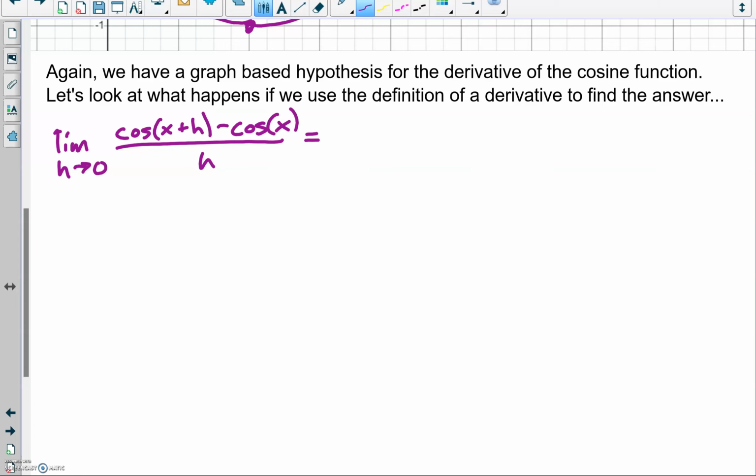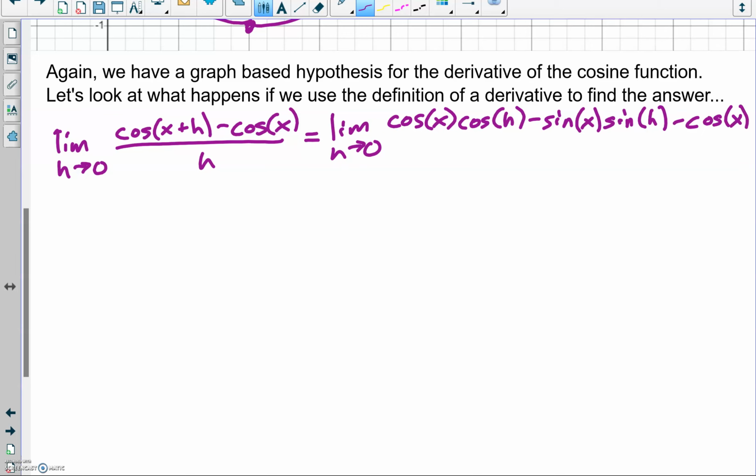And I'm also going to use the sum formula for the cosine, using that identity from trigonometry, and it ends up being the cosine of x times the cosine of h minus the sine of x times the sine of h, and then minus the cosine of x still out here hanging out in the back, all over h. And again, I want to start factoring some things. I see a cosine x here, cosine x out here. So I'm going to factor out a cosine of x, still have a limit statement.